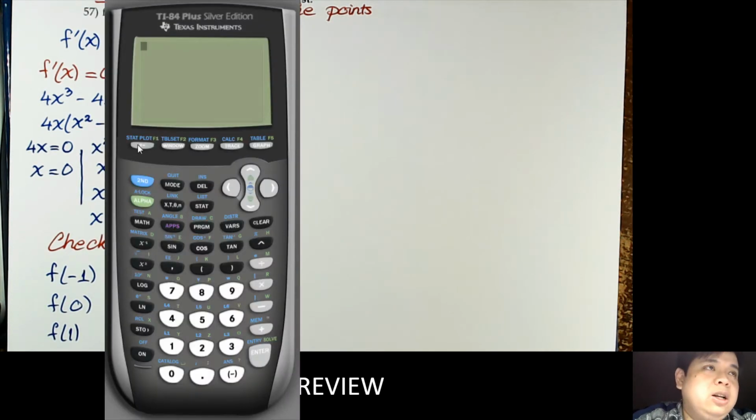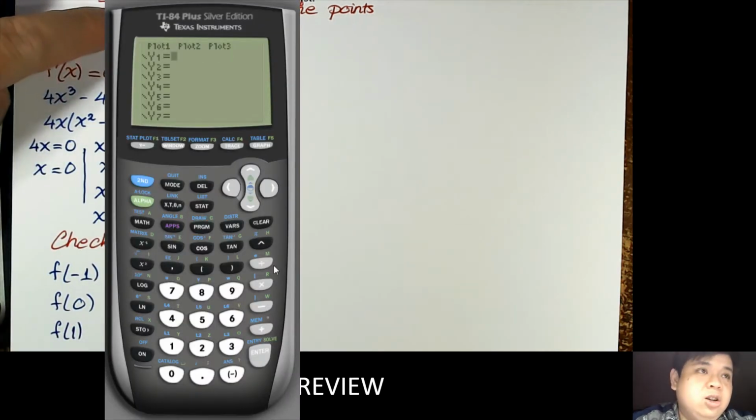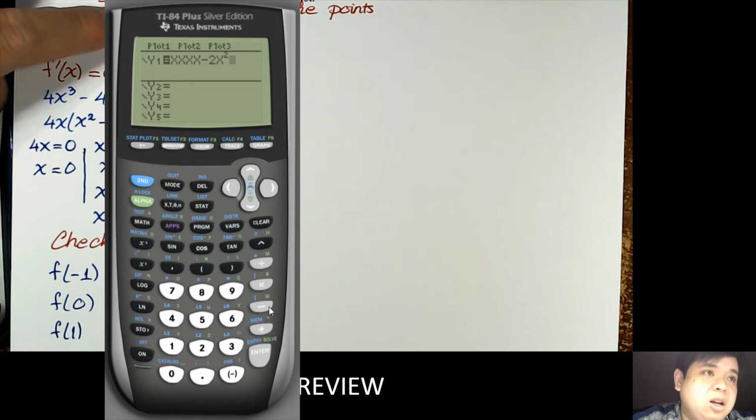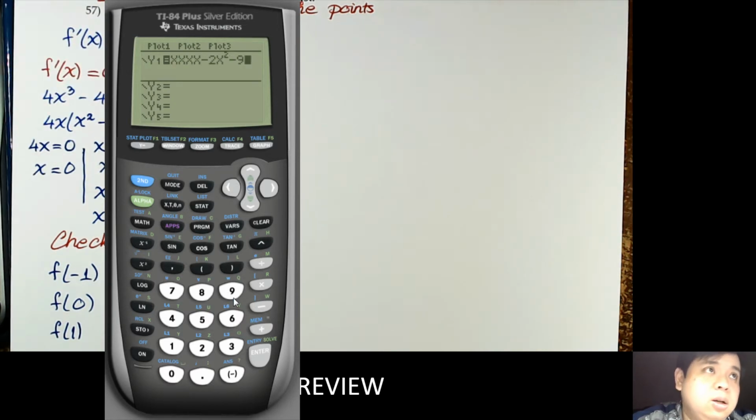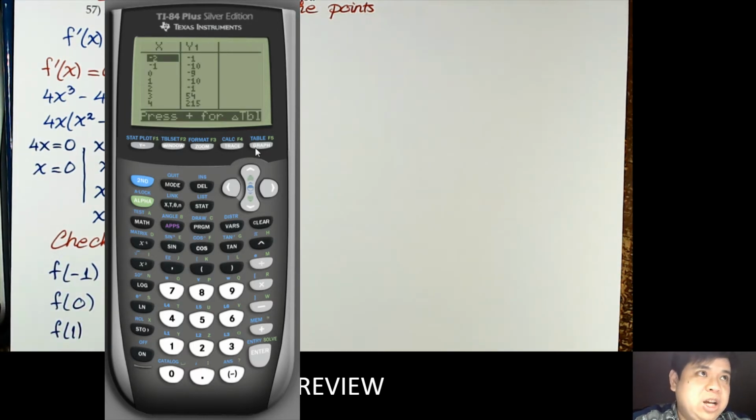On this calculator, this time I actually enter the original function: x to the 4th minus 2x squared minus 9. And then we go to the table, because those values are integers.